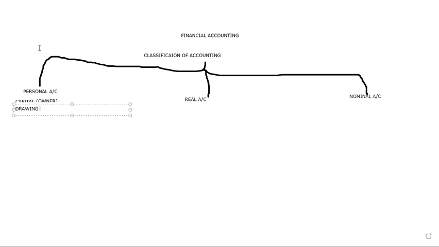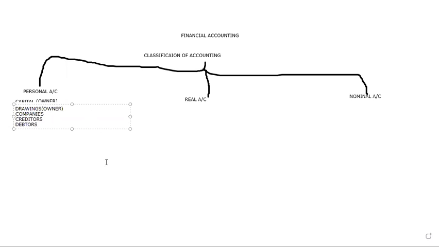Next is drawings, which is also the owner itself. I'll tell you more about that. Then other companies: we usually have transactions with other companies also. The next are creditors, and next are debtors.